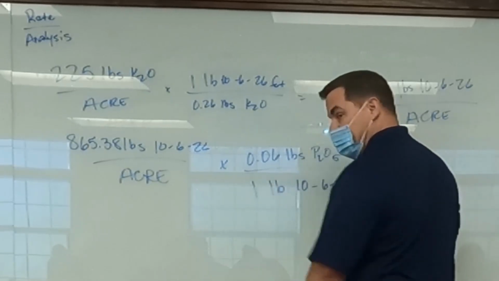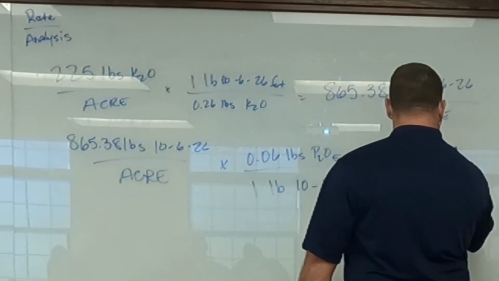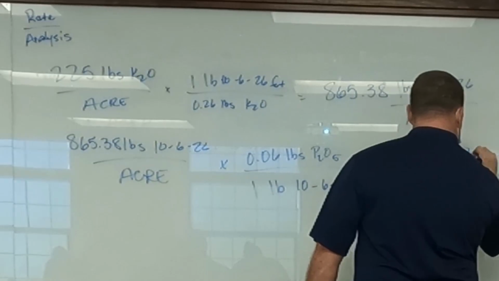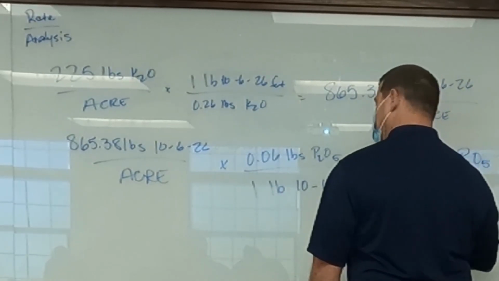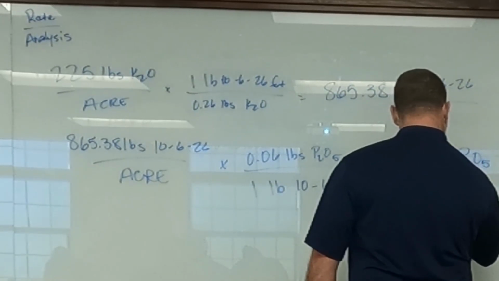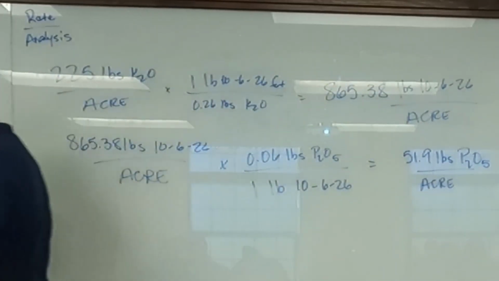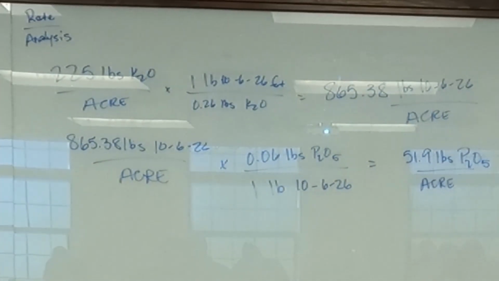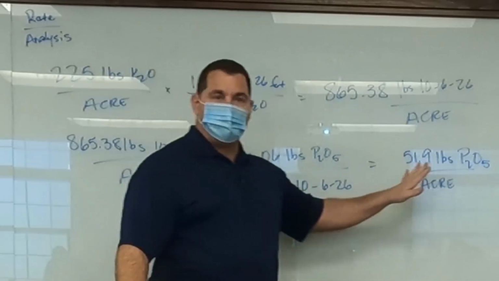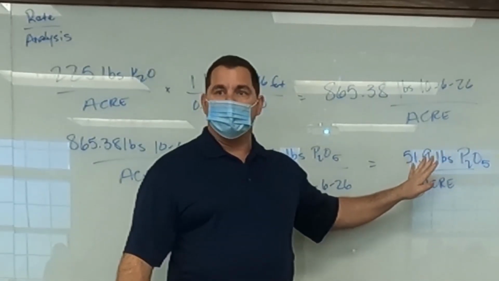This equals 51.9 pounds of P2O5 per acre. Everyone following? Anyone lost? Pretty simple, straightforward, kind of basic. This is okay. This isn't bad. This isn't bad at all. Right?